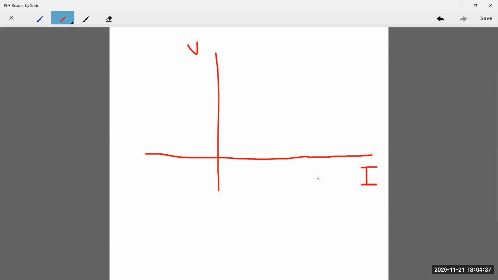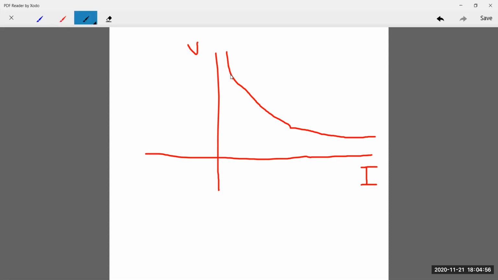And to find the gradient, what you do is plot the graph. So let's say you're plotting maybe voltage versus current, right? You're plotting V and I against each other, right? And let's say it looks something like this. As the voltage decreases, the current increases, and so they say it's inversely proportional, right?